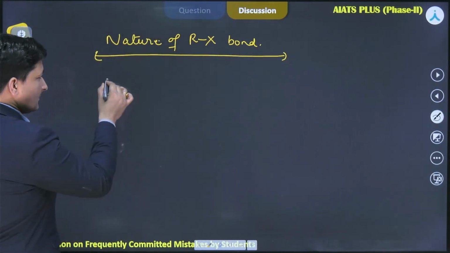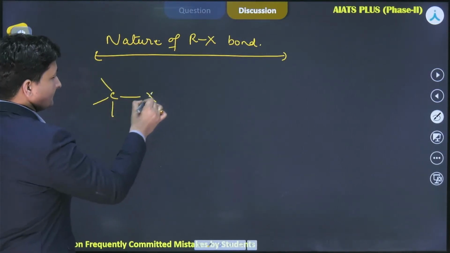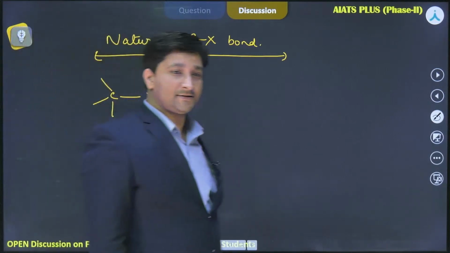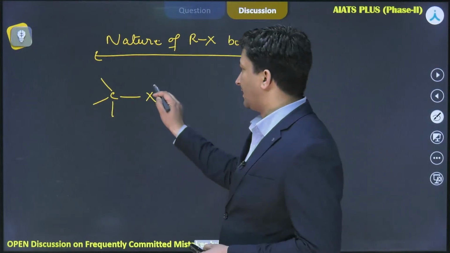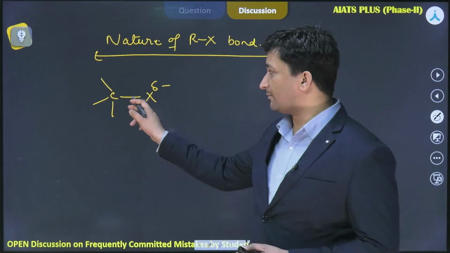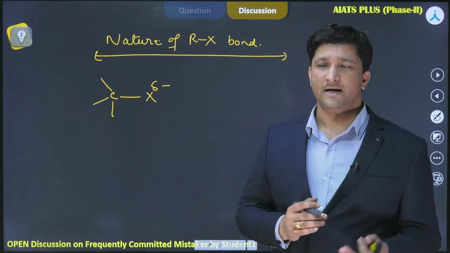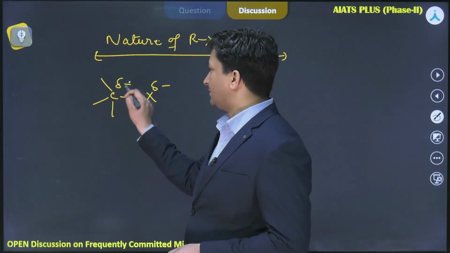If we talk about the carbon halogen bond, the halogen is more electronegative, so it will develop a partial negative charge, because the covalent bond electrons will move towards the halogen, and this carbon will develop a positive charge.